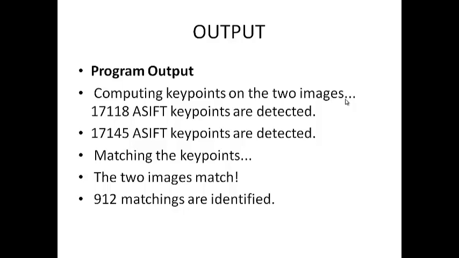After implementing the application, this is the output which can be seen. The key points are computed and the matching between the key points of the two images is determined. Here 912 matchings are identified between the two images.